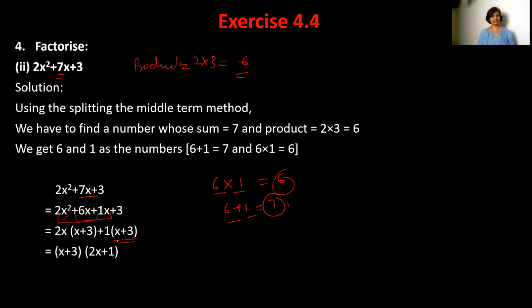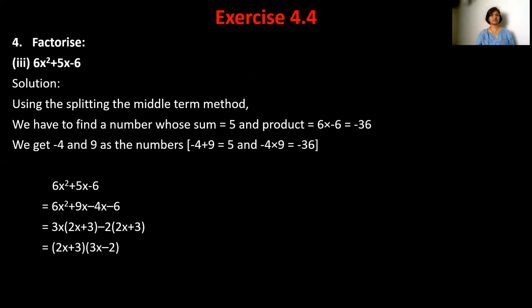In both terms, x plus 3 is common, and the remaining terms are 2x plus 1, which we write in another bracket. These are the factors of the polynomial expression 2x squared plus 7x plus 3.